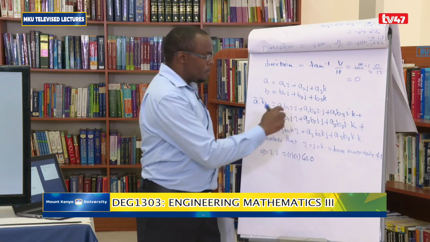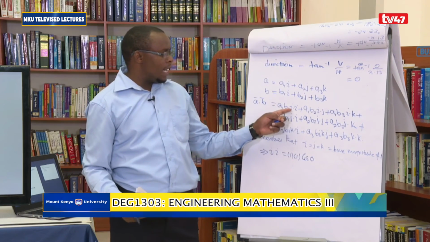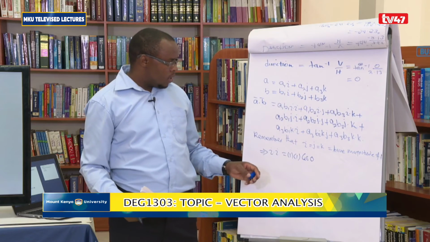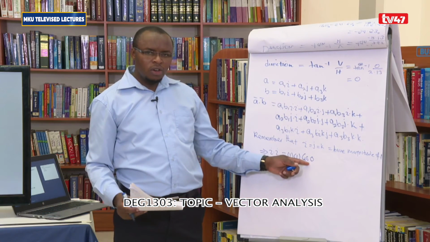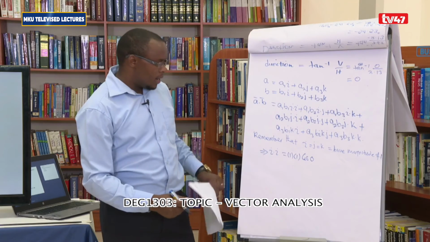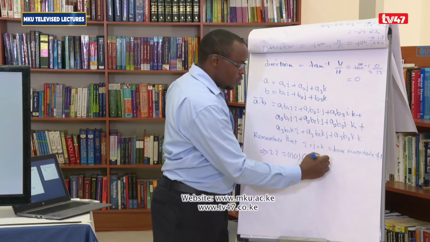They are on the same axis. So cos of 0 is 1, and therefore this is going to give you 1.